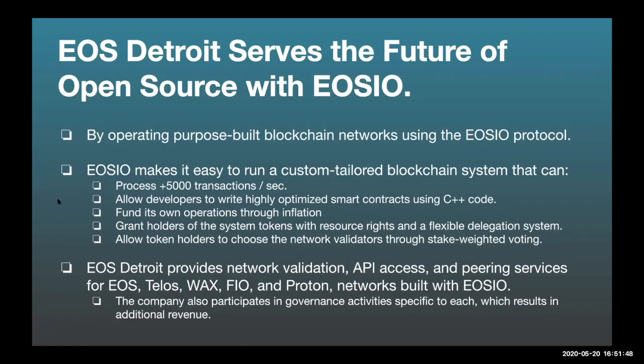And so as a BP, we provide network validation, API access, so we provide public endpoints that dApps can use to integrate their app. We also provide peering services, which is a P2P endpoint, which basically allows the EOSIO nodes to connect to each other and transmit blocks to each other. So blocks can propagate and broadcast through the network.